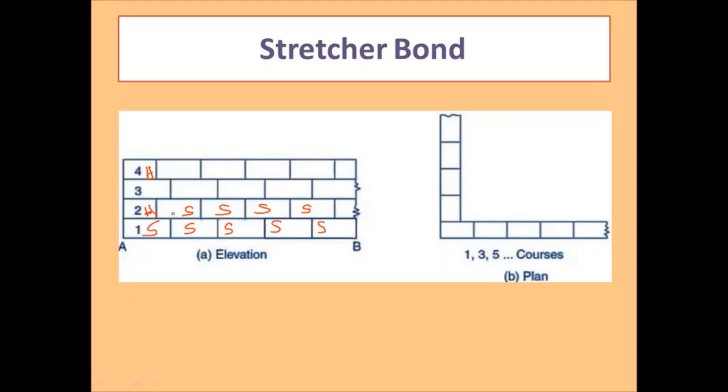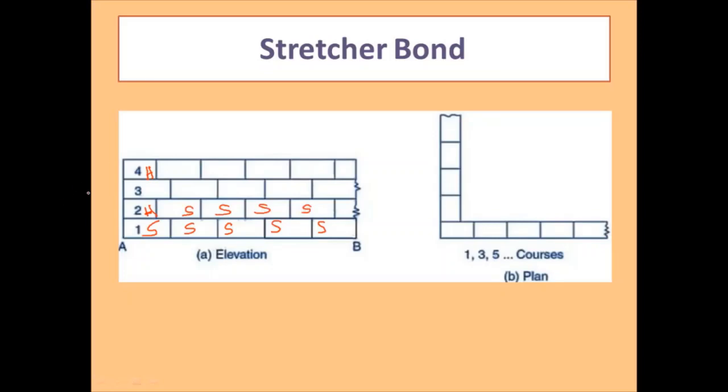If you want to start the second course with a stretcher, what is the problem? Vertical joints will come in the same line. That's why instead of a stretcher here, I must use a header. So in the second course I start with a header, and beside that again I place stretchers because this is the stretcher bond.